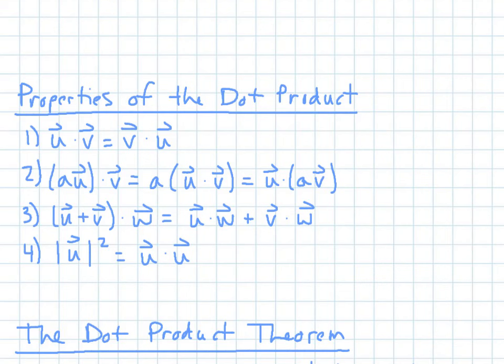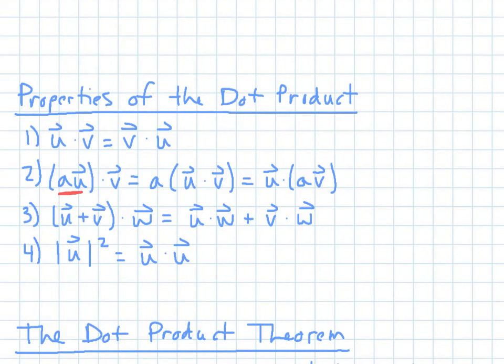And you could switch the scalar and vector u around because they're commutative as well from previous lessons for vectors, and then you could take the scalar times vector v first and then take the dot product of u with that, and it would still be the same thing.